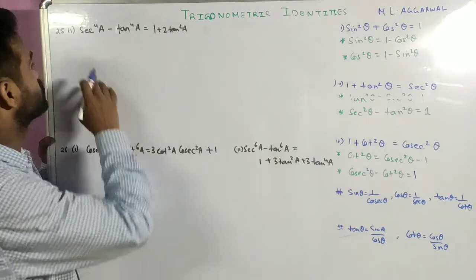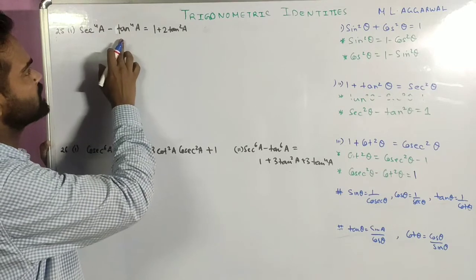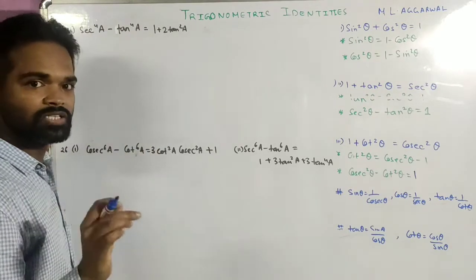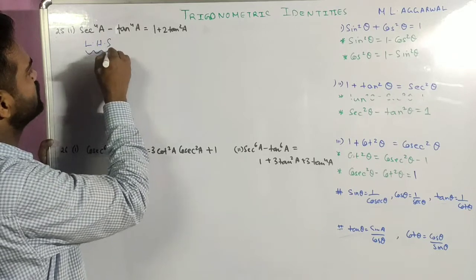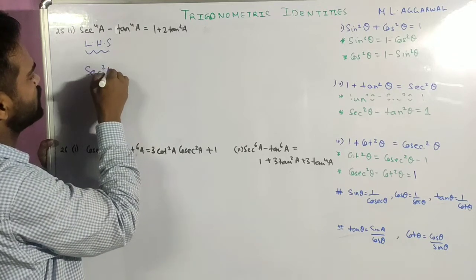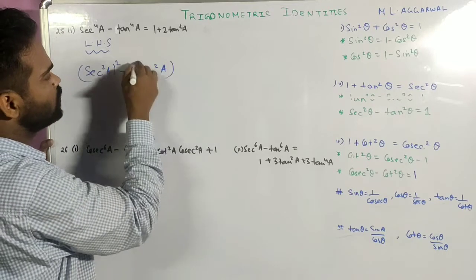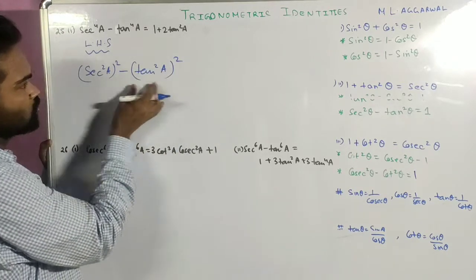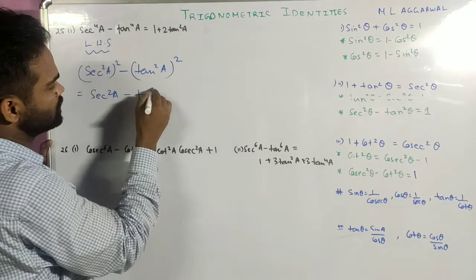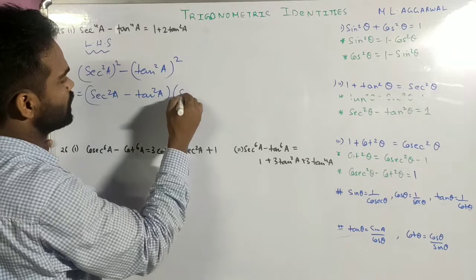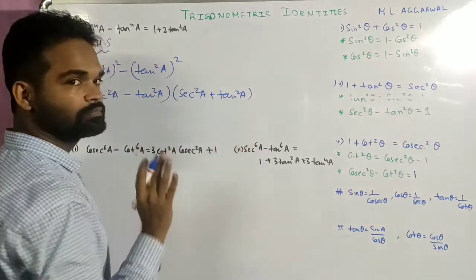Now look at this sum, 25 part 2. Very easy. Prove that sec to the power 4a minus tan to the power 4a equals 1 plus 2 tan square. See, our left hand side is sec square a whole square, isn't it? Minus tan square a whole square. This is a square minus b square. That's a minus b, a plus b.